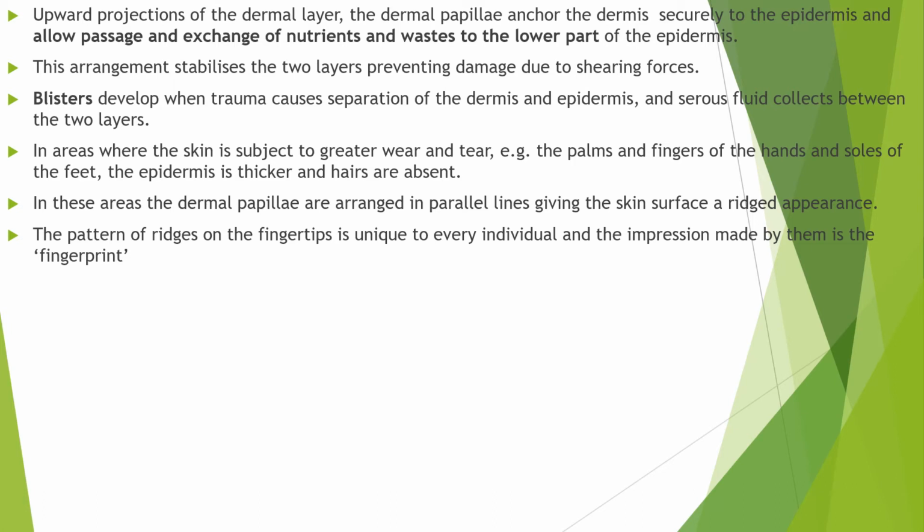This upward projection of the dermal layer, check the picture there, is a structure called the dermal papilla. These dermal papillae anchor the dermis securely to the epidermis and allow passage and exchange of nutrients and waste to the lower parts of the epidermis. So this is very important to note as well.